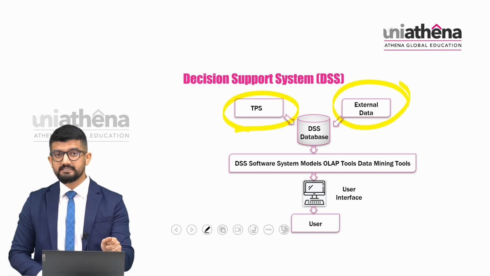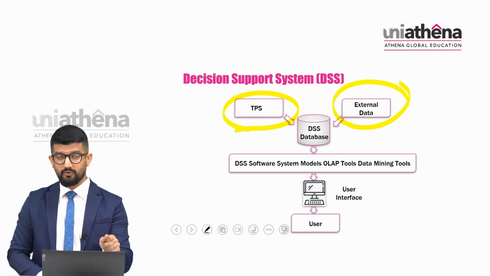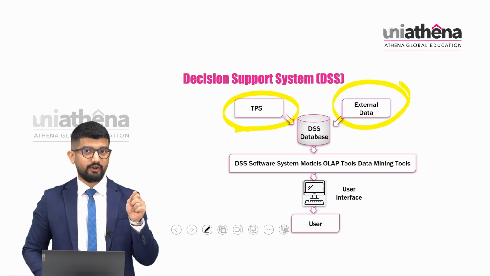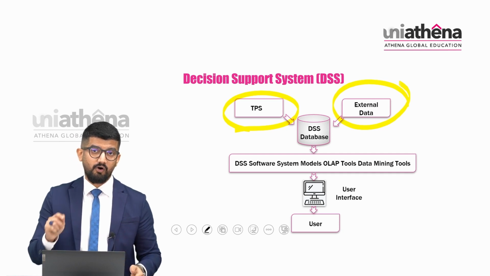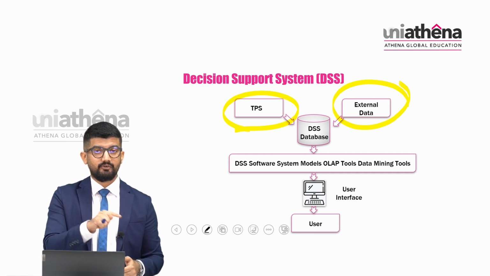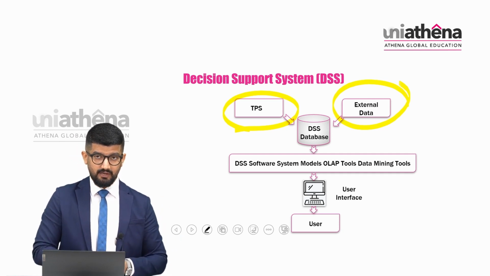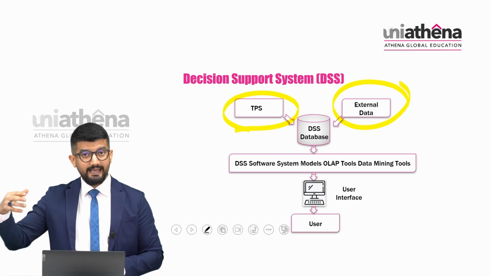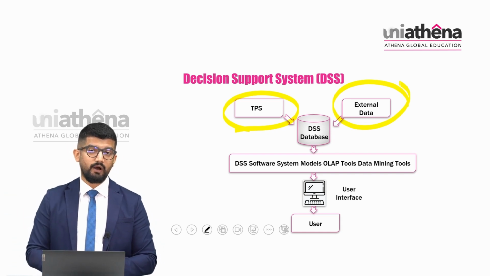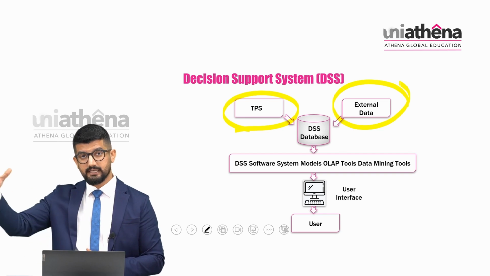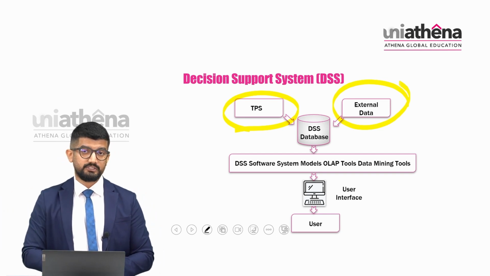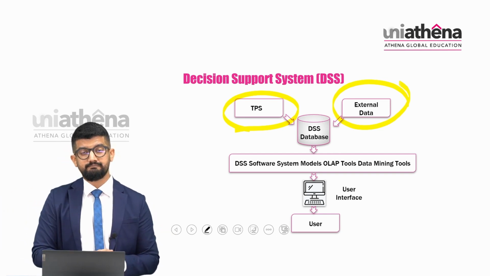The transaction processing system is an internal component of an organization that records the information of any internal transactions with the external clients. And the external data is the customer's data, which is not internal data.